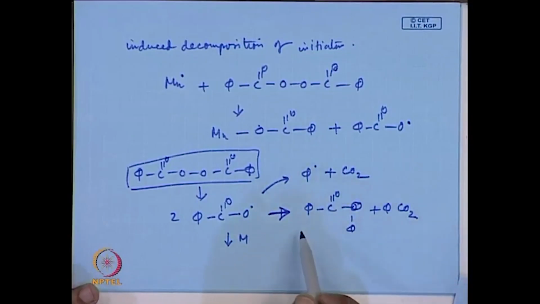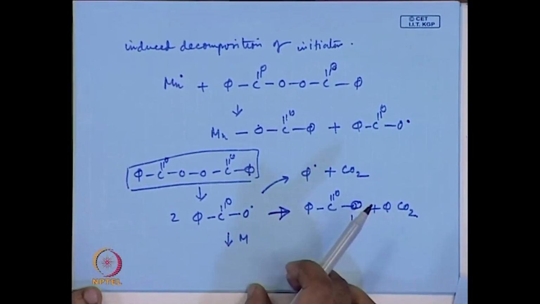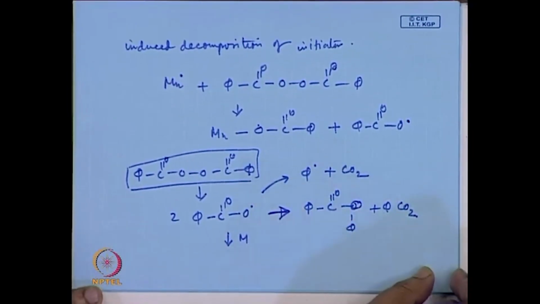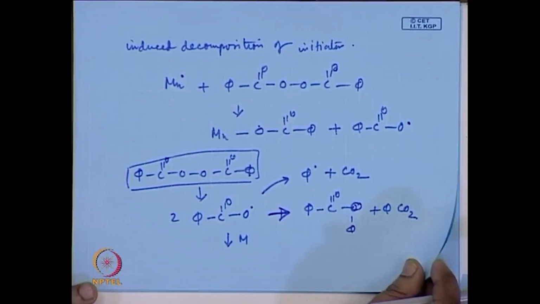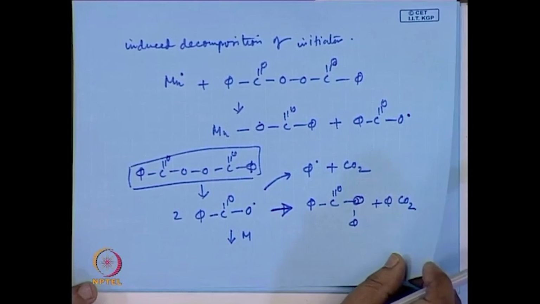So, that is the reason that not 100% of the initiator is efficient; only about 30 to 80% of the radicals generated initially actually initiate a polymerization reaction.